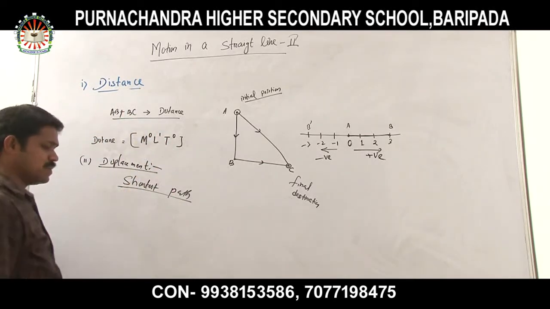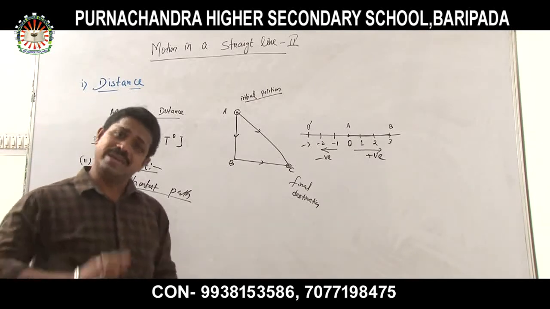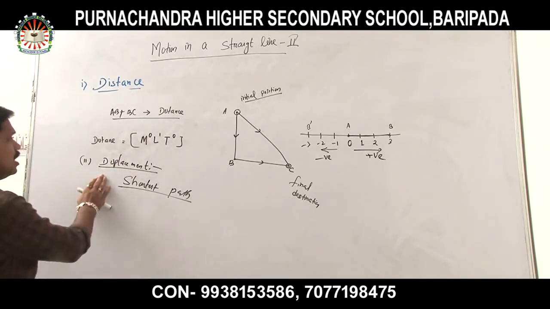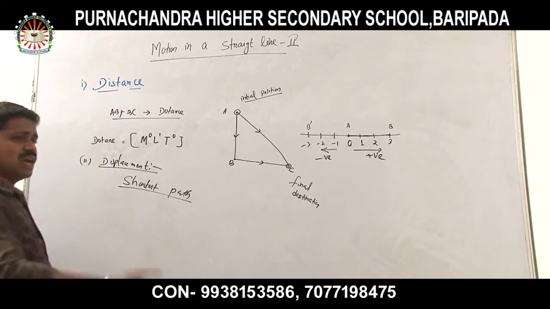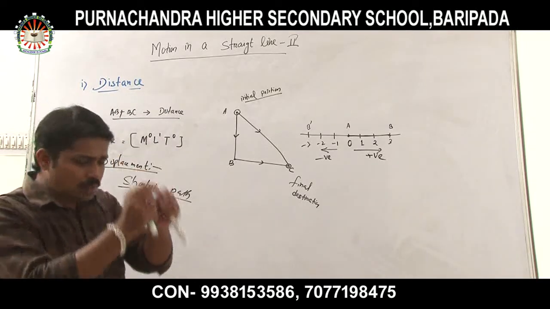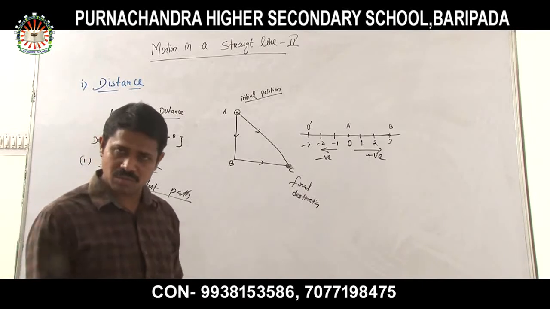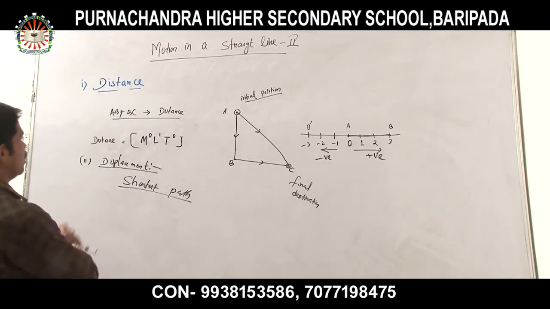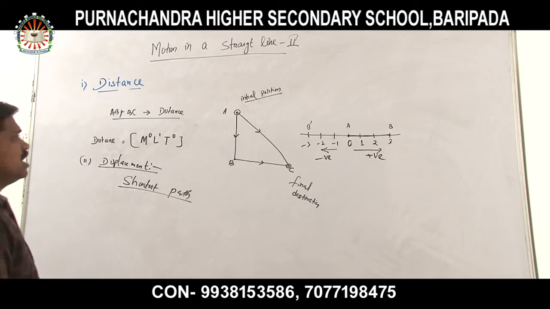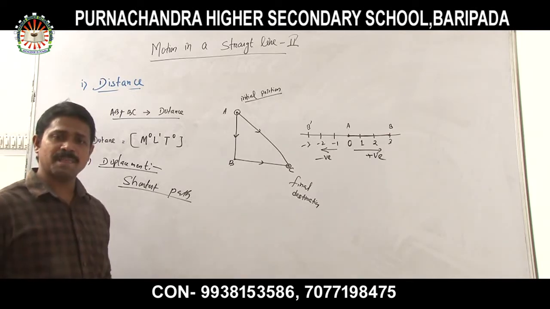Whereas the displacement value can be positive, negative, or 0, because it depends upon the direction in which the object moves from the initial position. So this is the important difference between distance and displacement. Understood all of you?